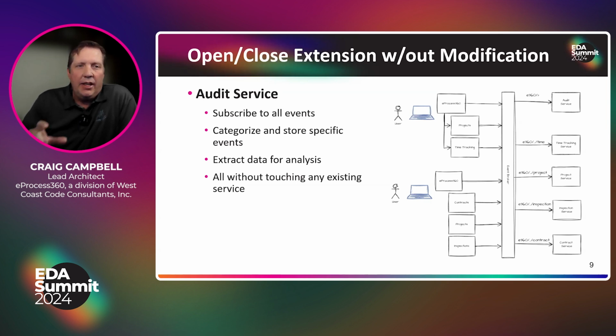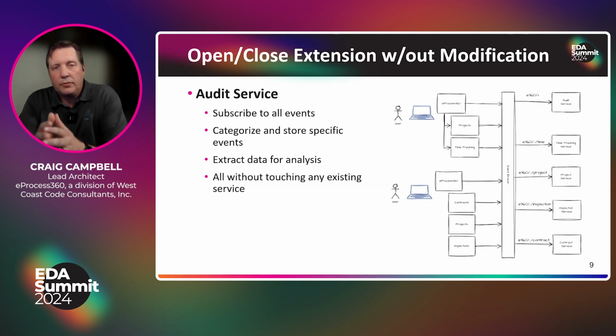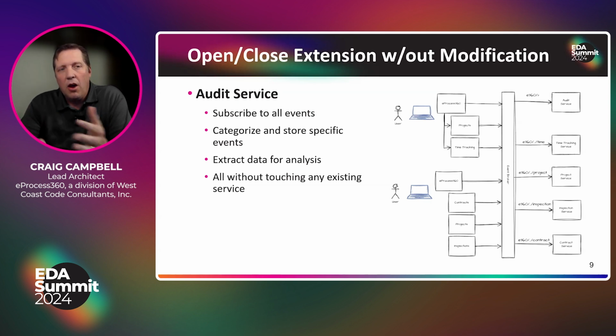But instead, we follow the open close principle. I don't know if you're familiar with SOLID principles. The open close principle is open to extension, right? But closed to modification. We don't really want to modify existing services. When you modify an existing service, you have to regress that service.